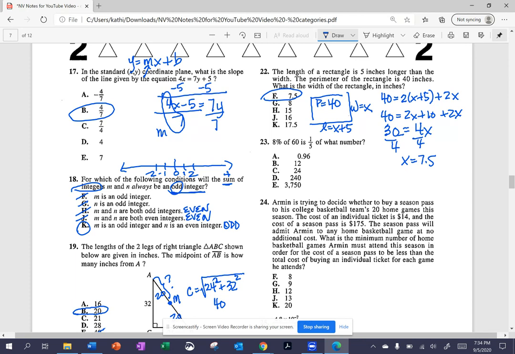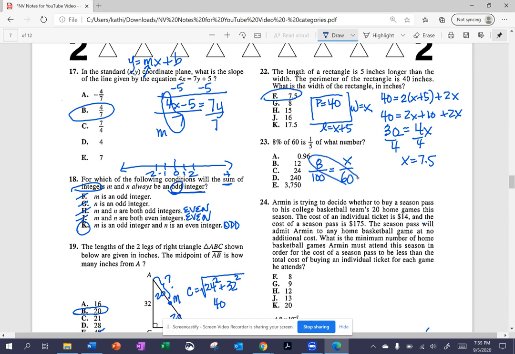Number 23. 8% of 60 is 1/5 of what number? So to write the percent, it's out of 100, so I'd say 8 out of 100 equals x out of 60.